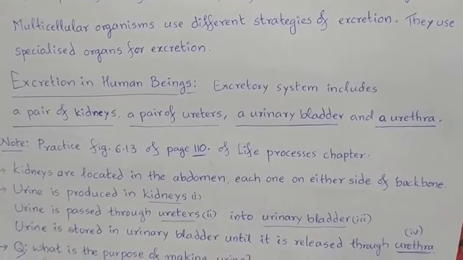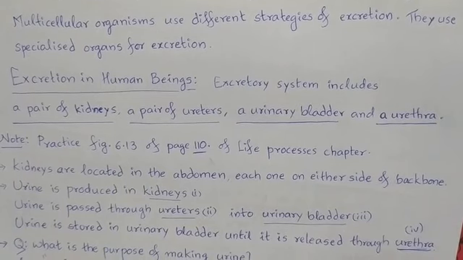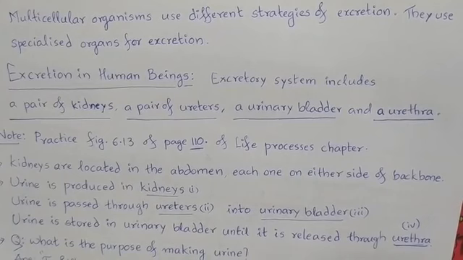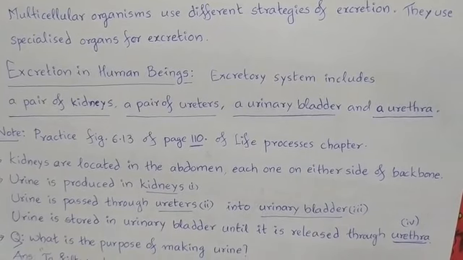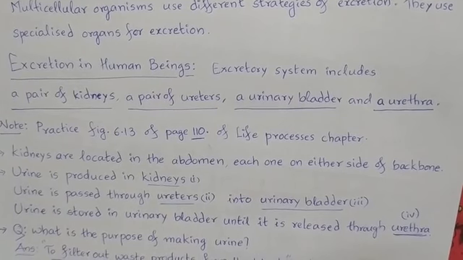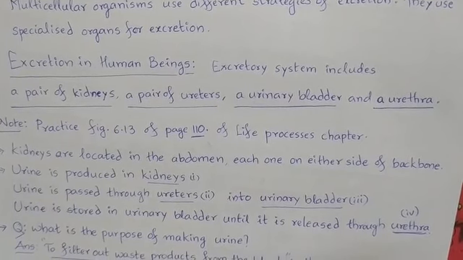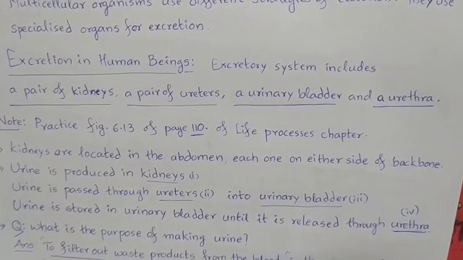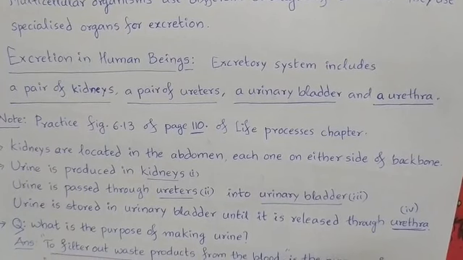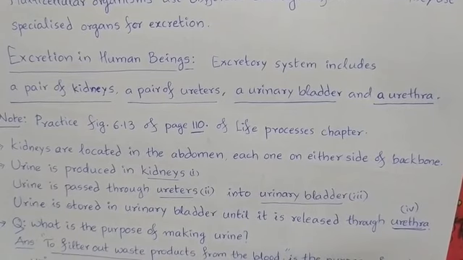The organ system in human beings for the process of excretion is excretory system. This excretory system includes a pair of kidneys, a pair of ureters, a urinary bladder, and a urethra.